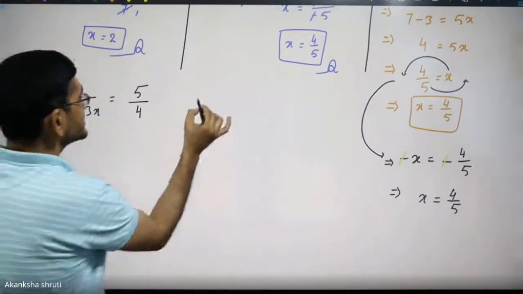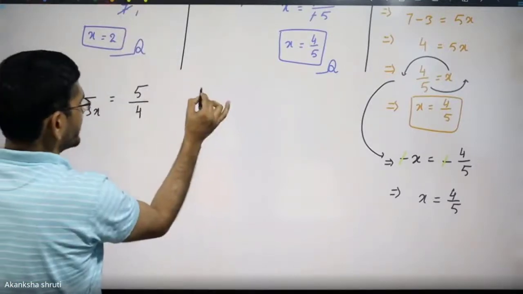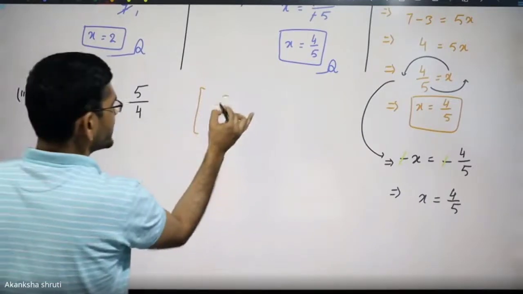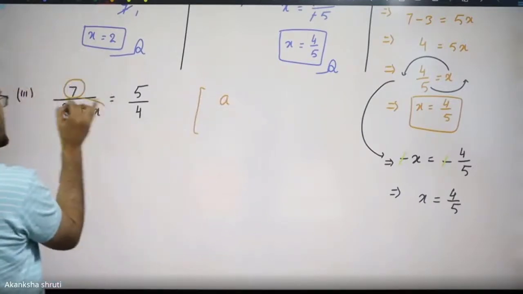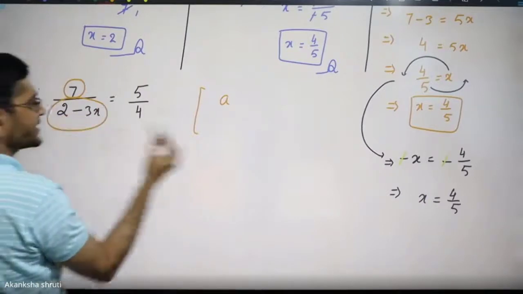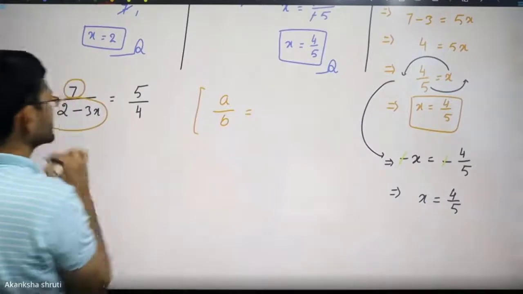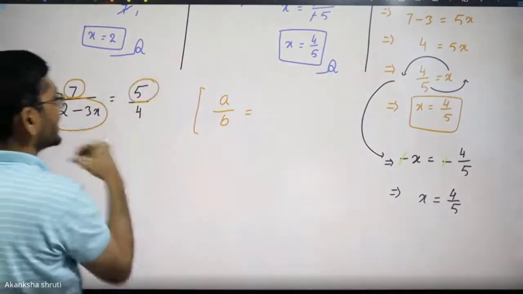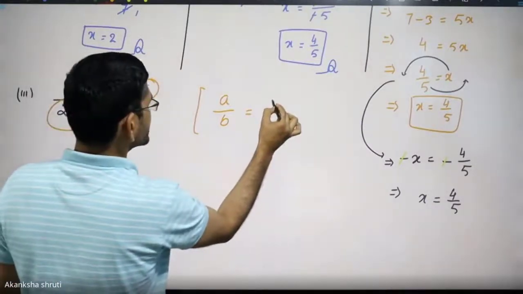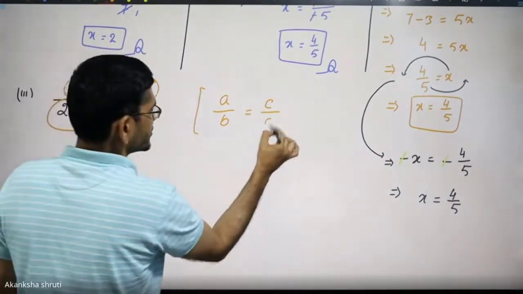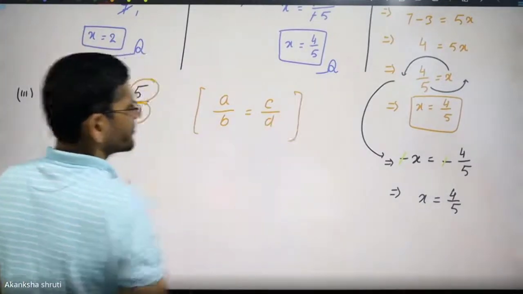So this is in the form of A by B is equals to C by D. This 7 in numerator is A, this entire 2 minus 3x is B, equal sign. On right hand side we have this 5, so that's C, and this 4 is D.